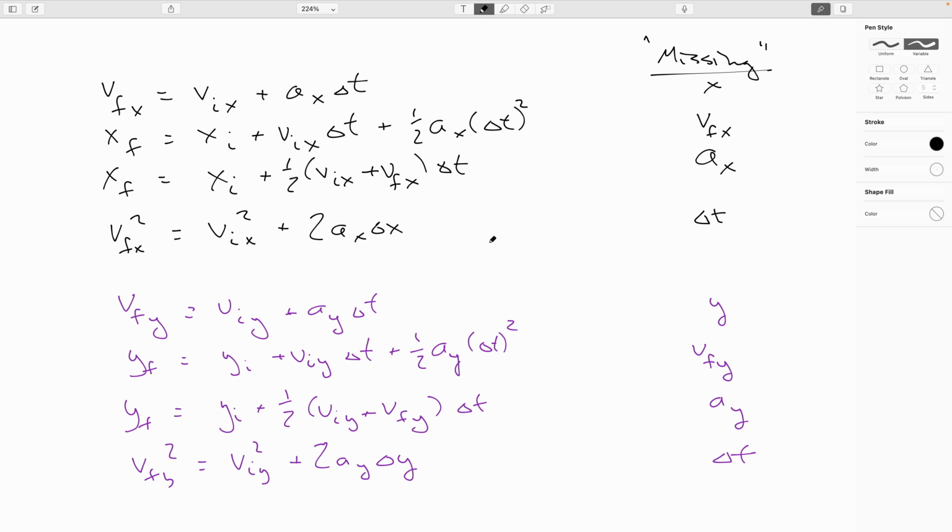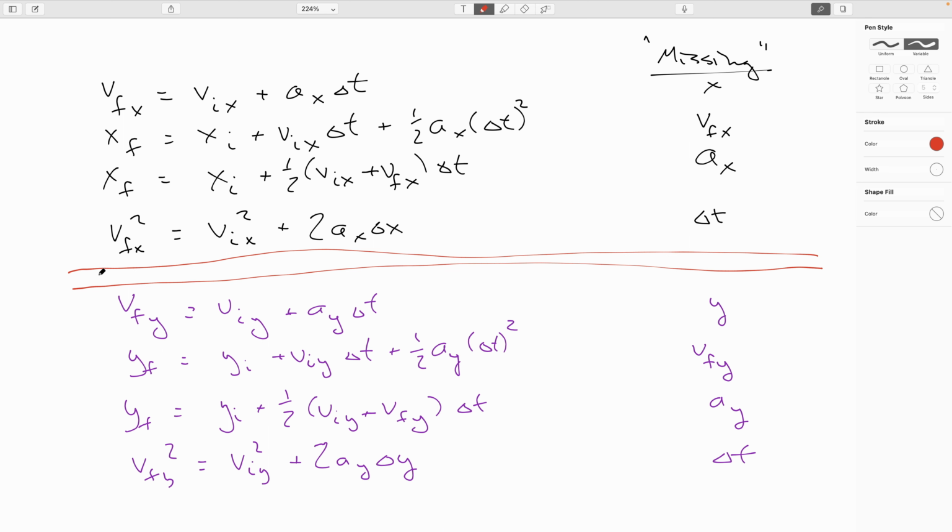And because nothing's changed with the relationships between the variables, between the position, velocity, and acceleration, both for the x component and for the y component, the net result is that we now have 2 gangs of 4. One for the x components and one for the y components.